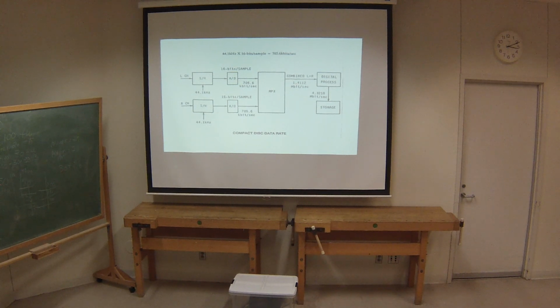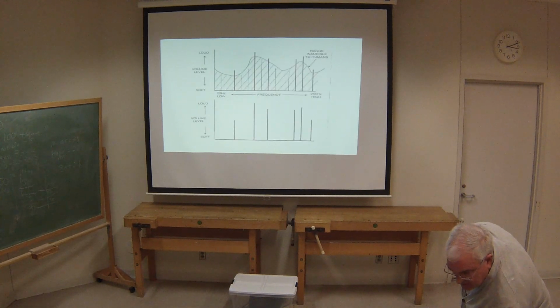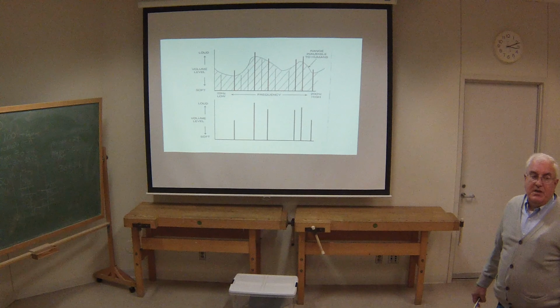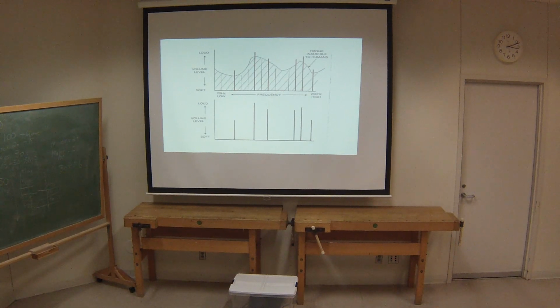Or if you want to store all of this on a flash drive or something like that, that data rate is just too high. So we need to have some way to compress it, right? And that leads us into our next subject, which is audio compression.